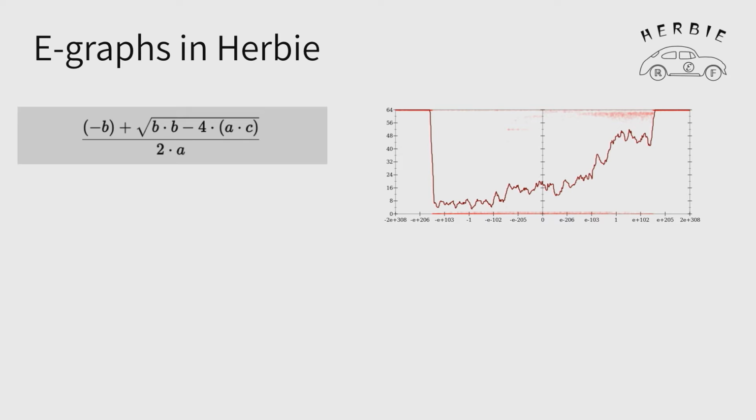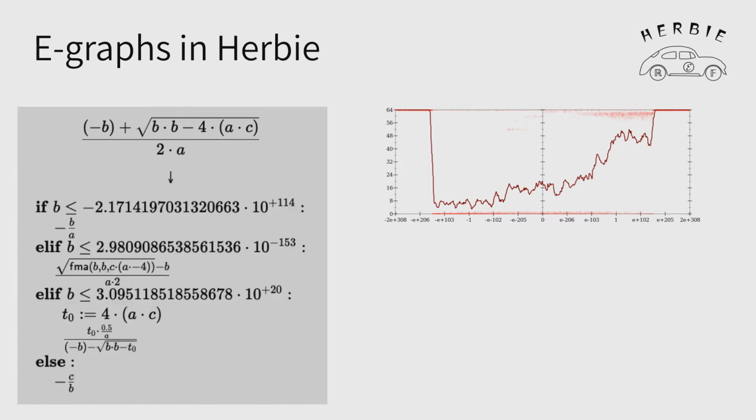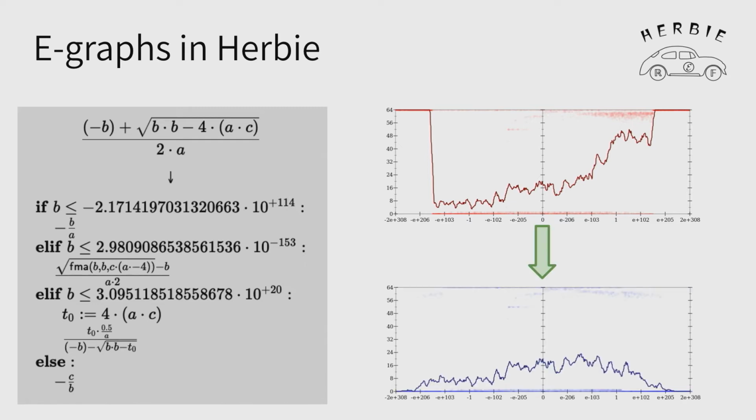So here's the error, or the log of the error, the bits correct roughly, versus b for the quadratic, randomly sampled over a bunch of inputs. And what Herbie will try to do is rewrite the Wikipedia version of some formula into some monstrosity that's very hard to read, but performs much better when you look at the error. So you don't have to read it, you don't have to write that code. The idea is that the tool's doing it for you.